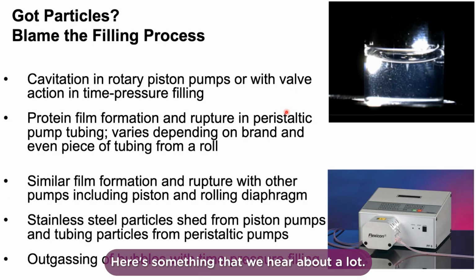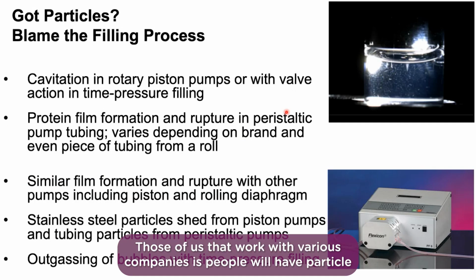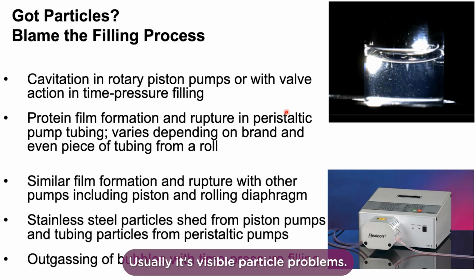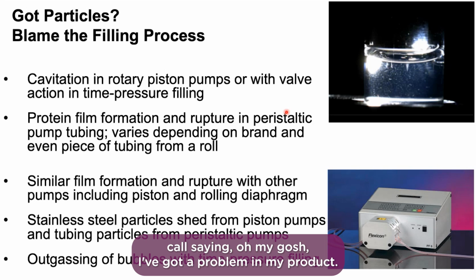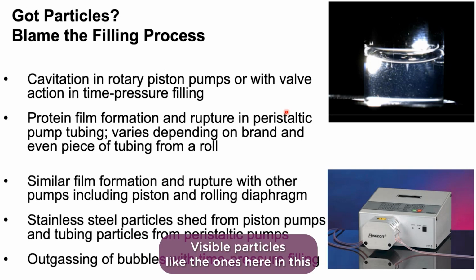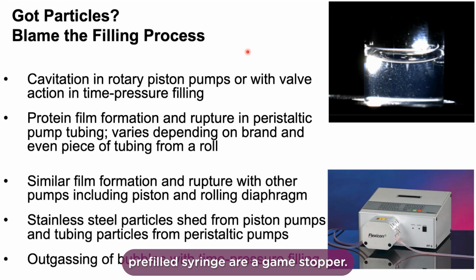Here's something that we hear about a lot, those of us that work with various companies, is people will have particle problems. Usually it's visible particle problems. Normally subvisible particles aren't what leads to a panic call saying, oh my gosh, I've got a problem in my product. Visible particles like the ones here in this pre-filled syringe are a game stopper.